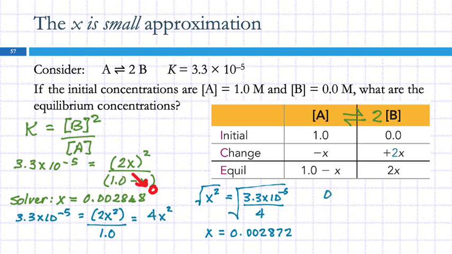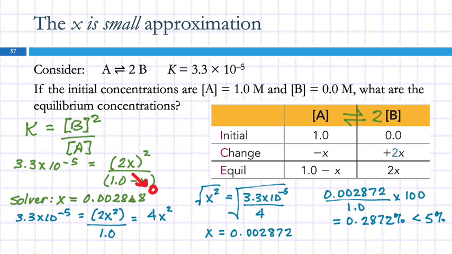So 0.002872 divided by what I'm subtracting it from times 100 gives me 0.2872%, which is definitely less than 5%. Okay, so the x's small approximation works.